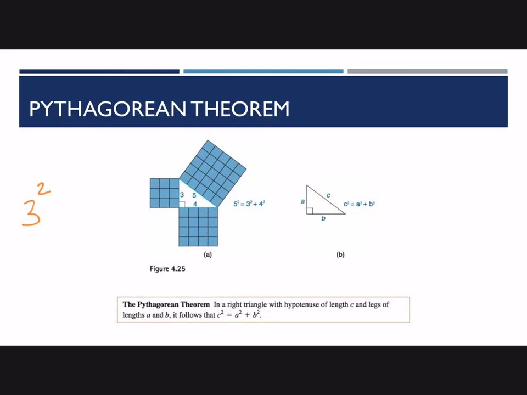And then visually, if you wanted to show this, you could even leave this larger square blank, and you could show that it's possible to shift all of these little squares from the 2 smaller ones over to fill in the larger square.